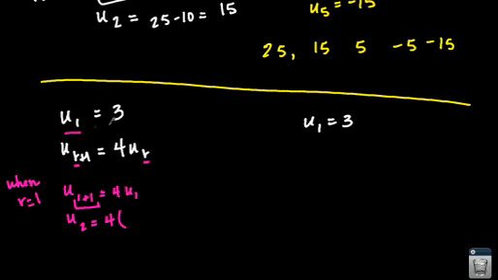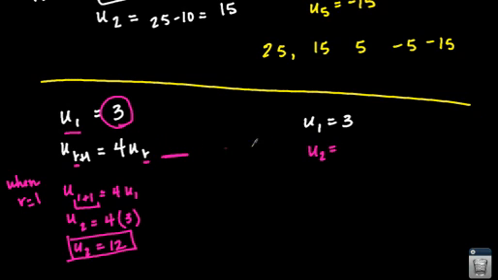Our value for u sub 1 is 3. Okay? So u sub 2 equals 12.